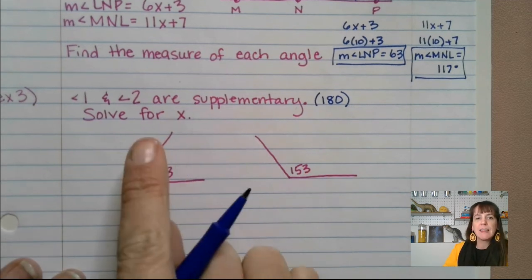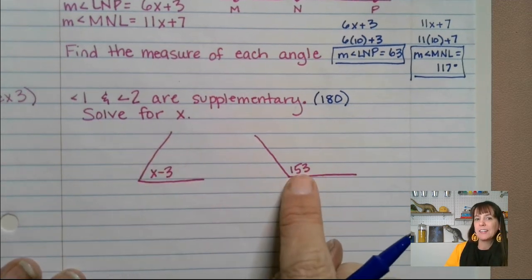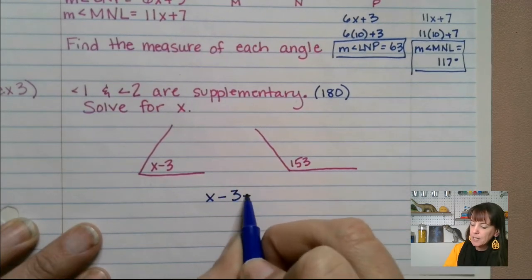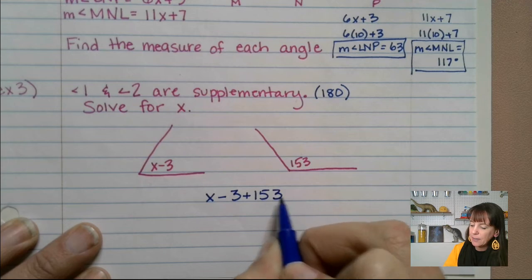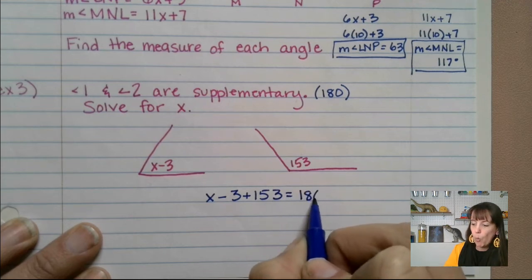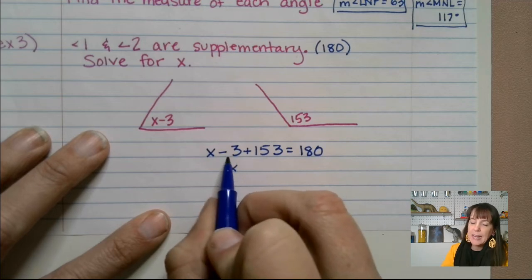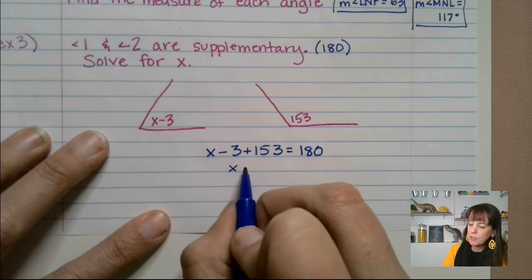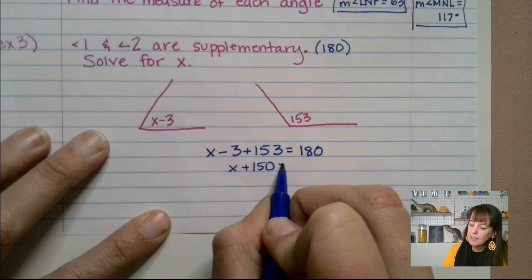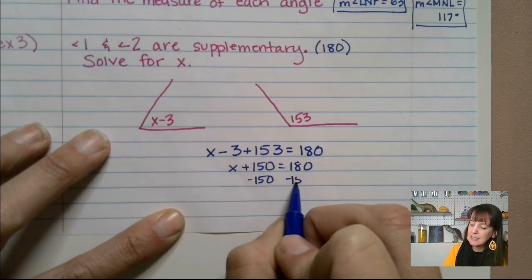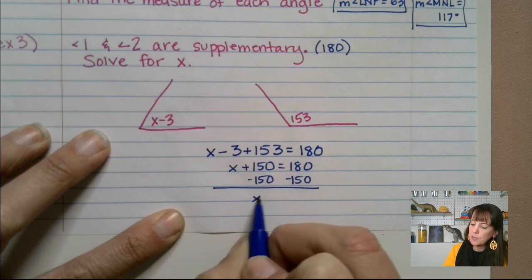So that means this angle right here and this angle right here are going to total 180. So if we add these together and set them equal to 180, we get x plus 150 equals 180. Subtract 150 from both sides, we get x equals 30.